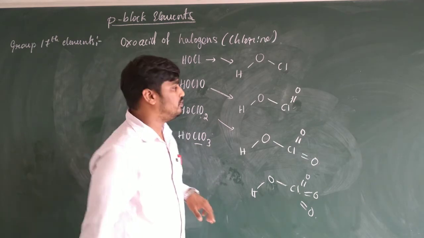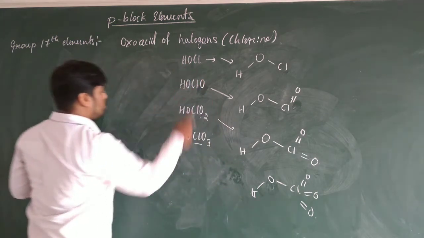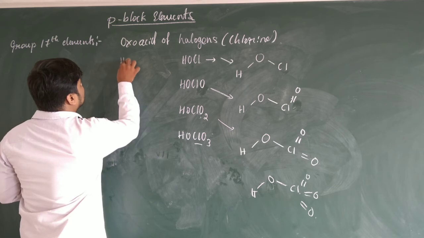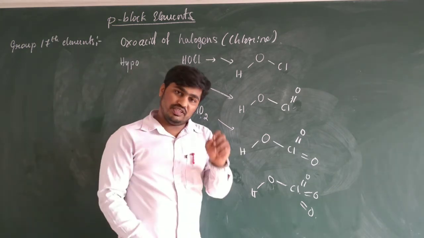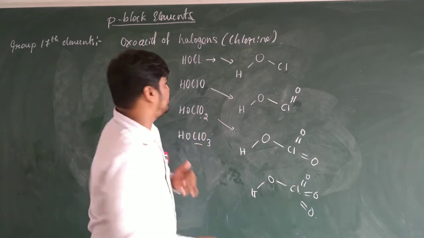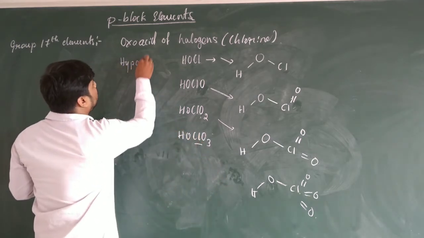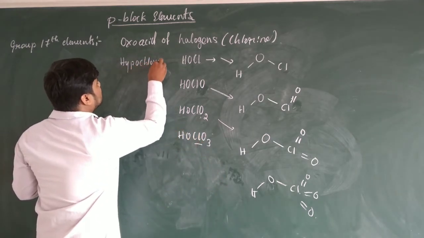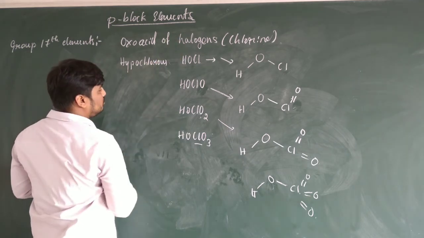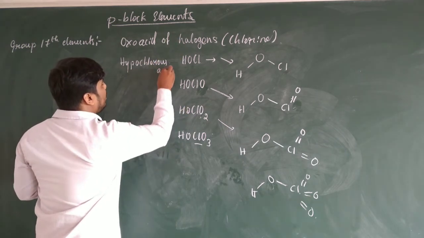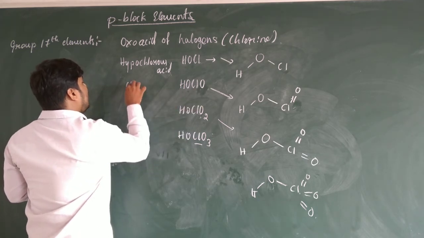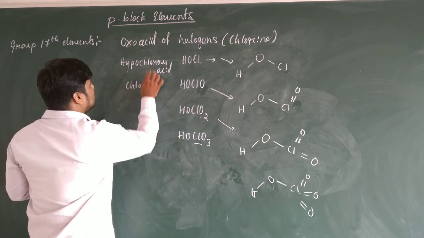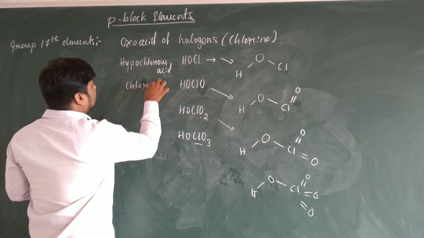Then what are the names of these oxoacids? The first one is hypochlorous acid, with lower oxidation state, therefore hypochlorous acid. Next, this one is chlorous acid.